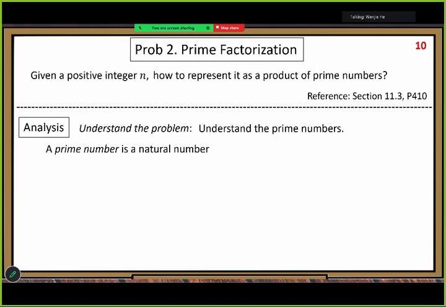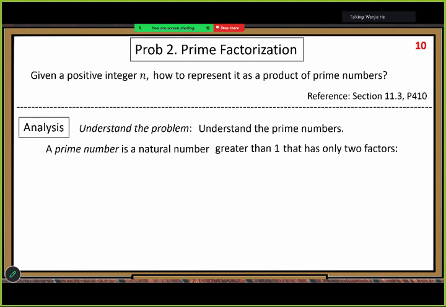A prime number is a natural number, you know natural number, greater than 1. We do not include 1. 1 is a unit, and we do not treat a unit as a prime number. So we exclude the unit when we talk about prime numbers.